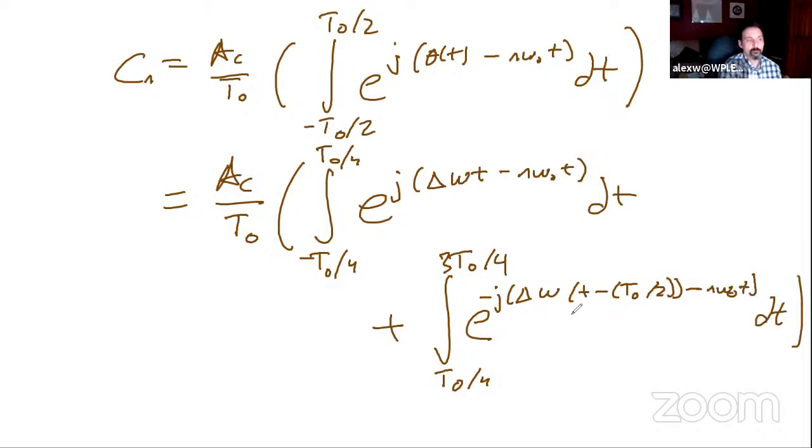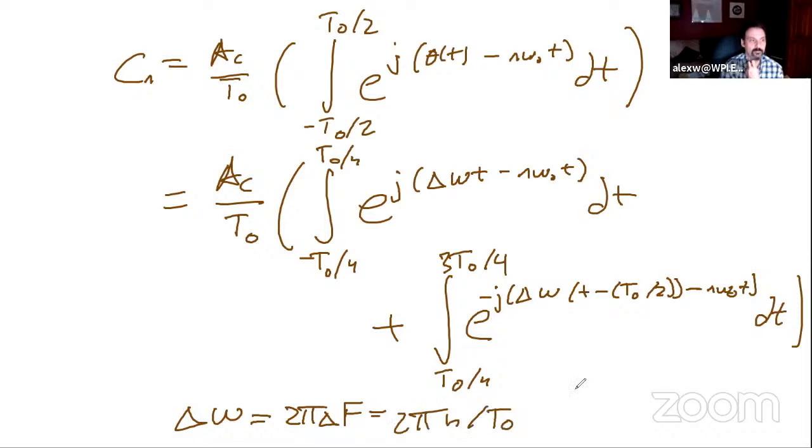Now this delta omega is equal to this, so that's where I got this from. That's the delta F that I defined before. Then this is equal to the modulation index, h.